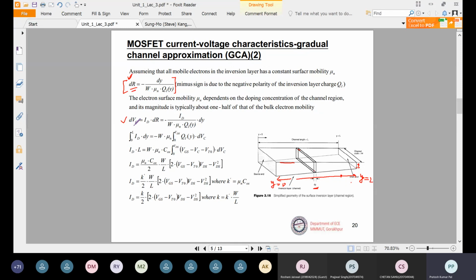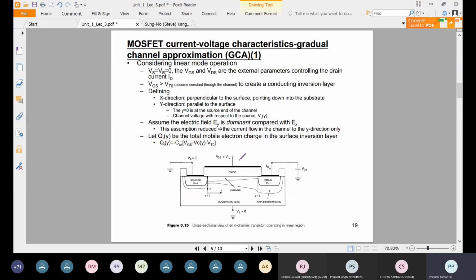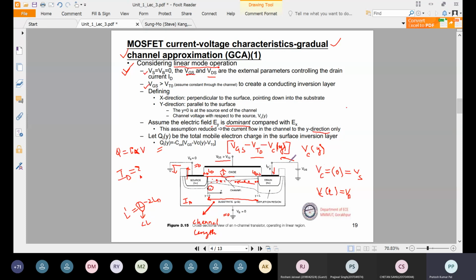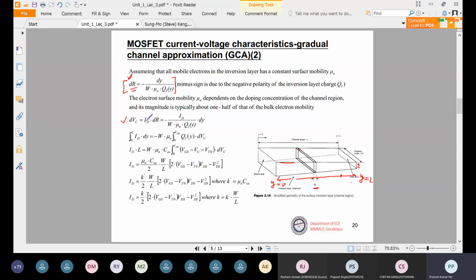Okay, so this voltage Vc, we have considered here Vc, the channel voltage. So this channel voltage will be given by whatever the current is flowing along with the resistance. So this current multiplied by this resistance will give the voltage. So in this expression, we will integrate it for different dy length.